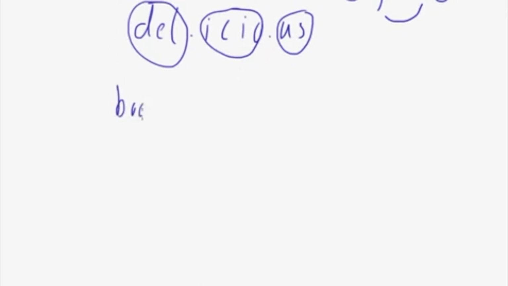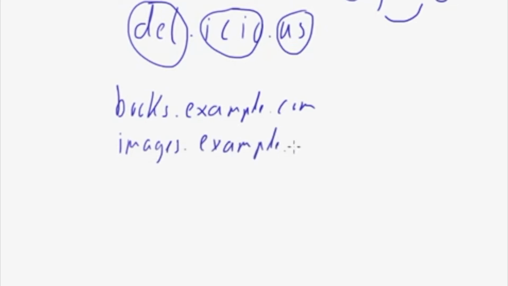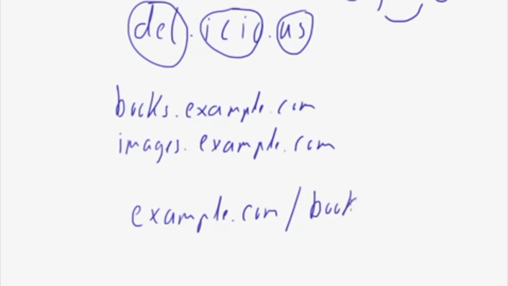If I have something like books.example.com and images.example.com, or is it better to do it like example.com/books and example.com/images?